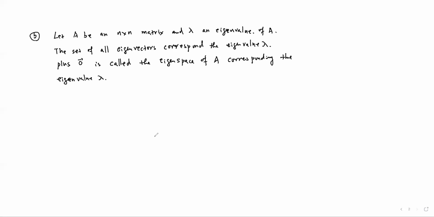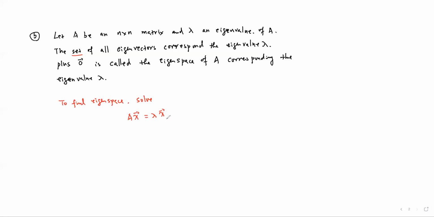So how to find the eigenspace? We know that an eigenvector satisfies this equation, right? To find the eigenspace, to find this set, solve this equation. Then the non-zero solution is an eigenvector.